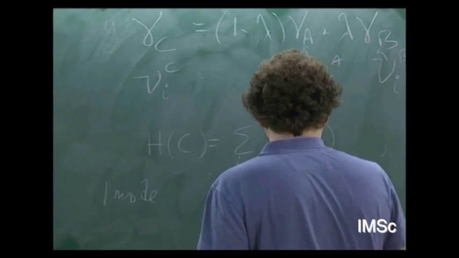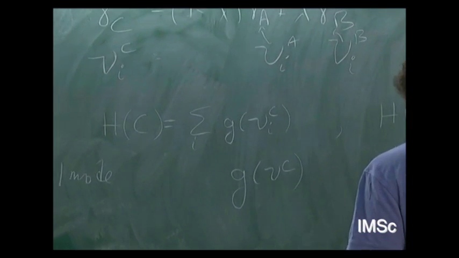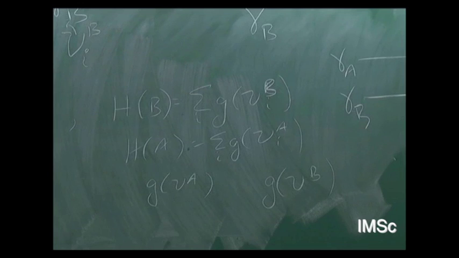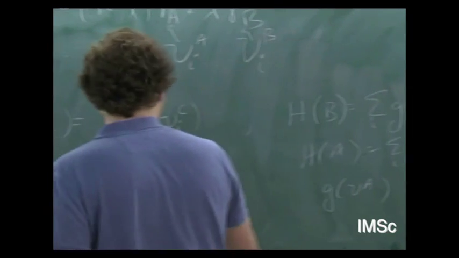Well, in the single mode case, it's pretty simple, right? Because this has no sum, and for one mode, this is just G of mu C. And then we have G of mu A and G of mu B. The conjectured inequality is just going to apply a G inverse on these.